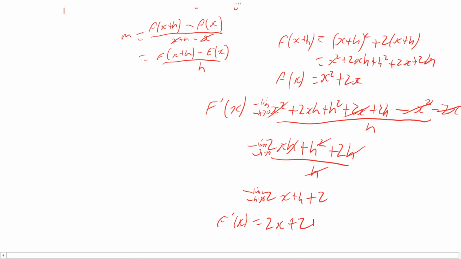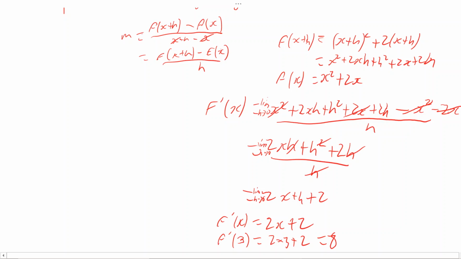And now, if you wanted to find, say, the instantaneous rate of change at x equals 3, we know the rate of change will be 2 times 3 plus 2, which equals 8.